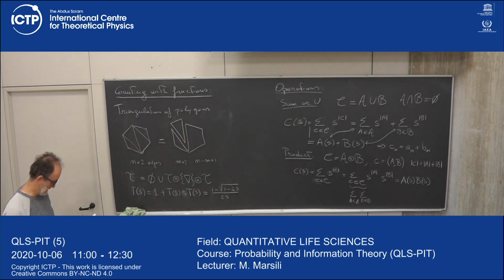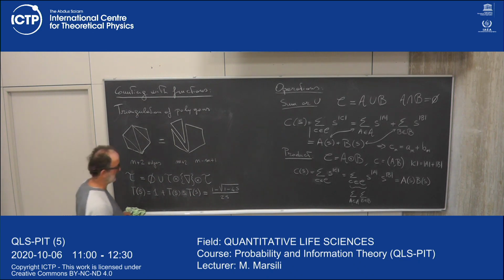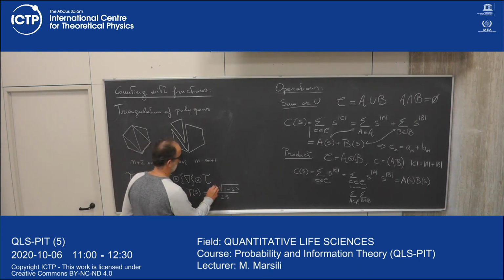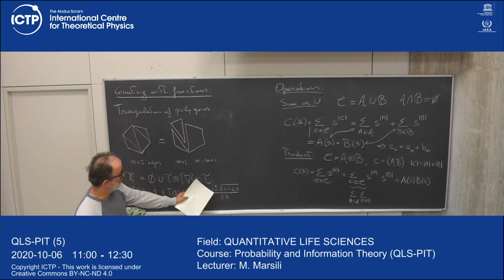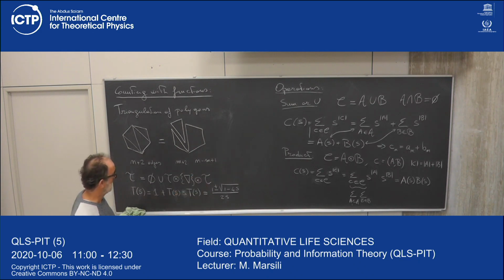Now, it's a quadratic equation, so you get both signs, but you should choose one of the two, and the way to choose is to observe that you want T of 0, the number of triangulations of size 0, to be equal to 1.